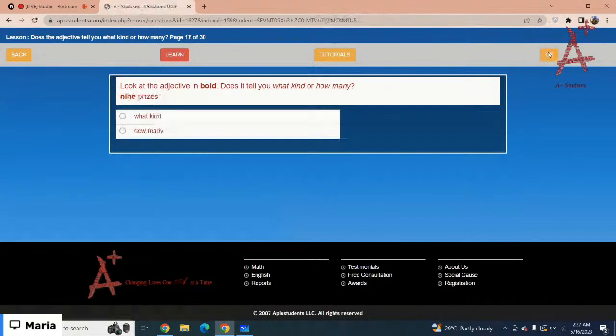Look at the adjective in bold. Does it tell you what kind or how many? Nine prizes. So which is the correct option? Yes, it is nine. How many? The correct option is how many.